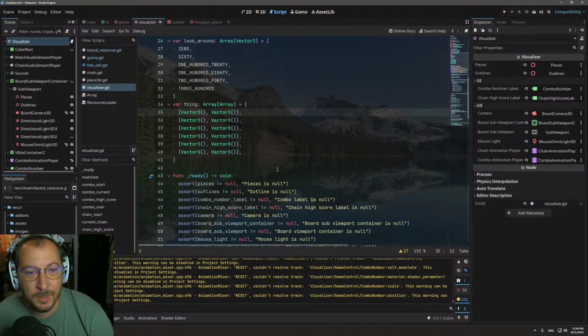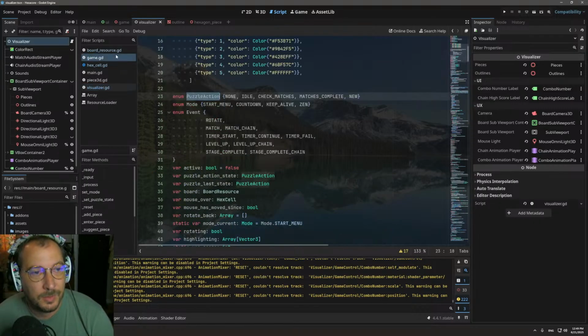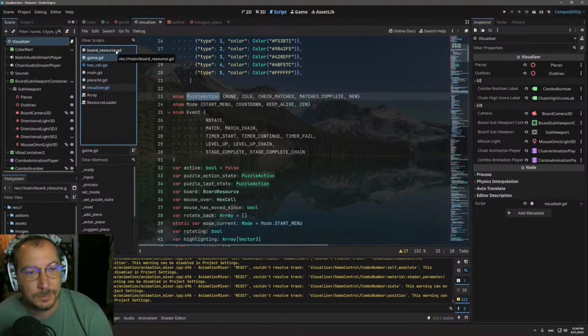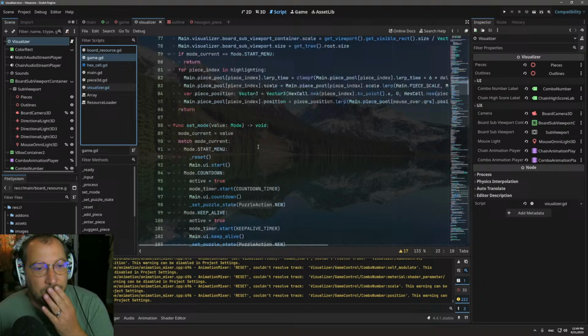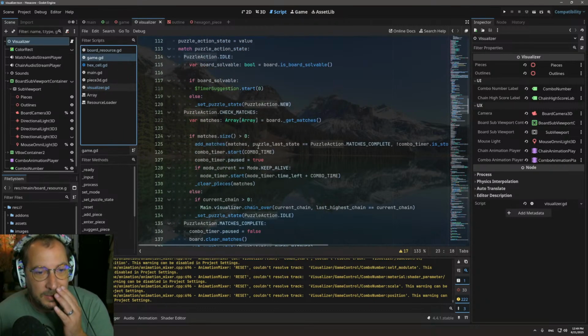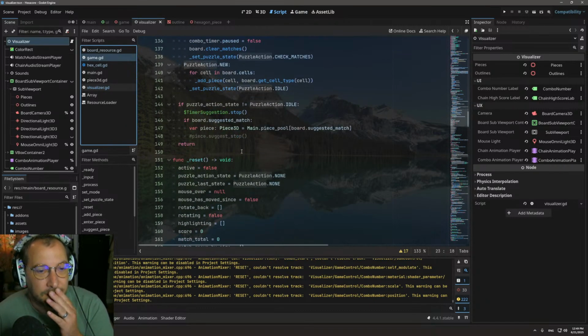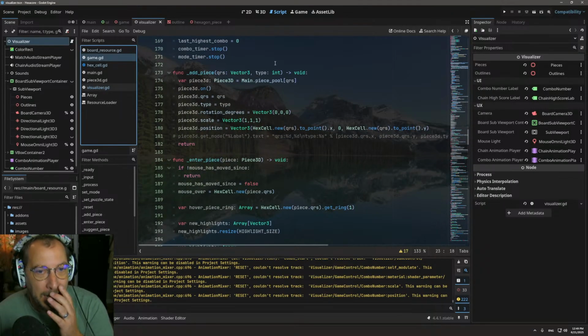So what we need to know is the size of the hexagon. So we are translating that somehow when we place the pieces in the game. So let's see how we're doing that. So when we set up the puzzle, add piece.